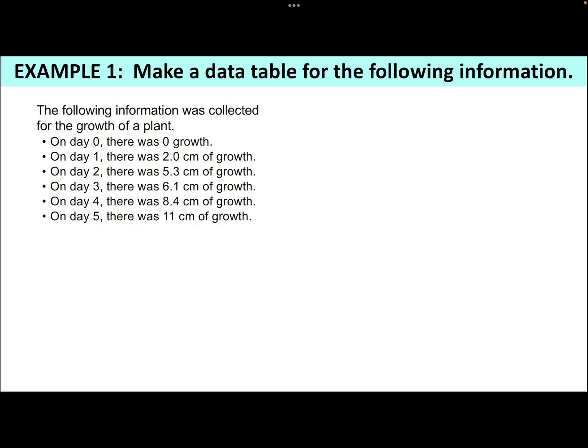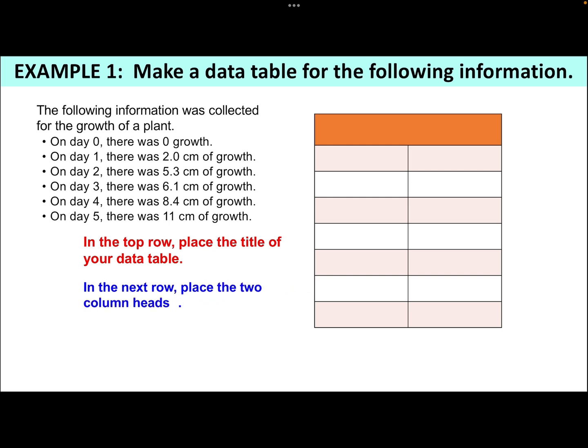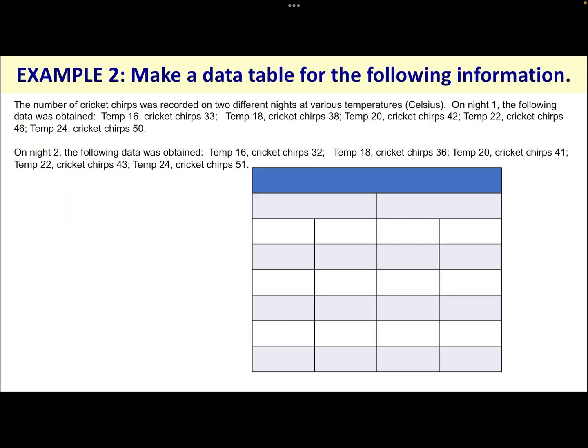Use the following information collected for the growth of a plant and complete the data table that is in your notes. Remember, in the top row, place the title of your data. In the next row, place the 2 column heads, and then in the following rows, fill in the data.